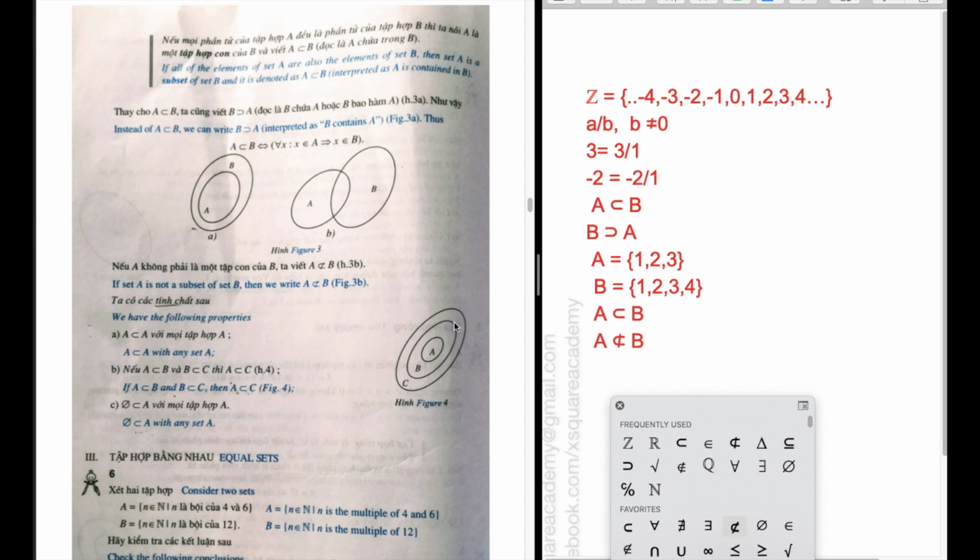B contains A, C contains B, so C contains A.